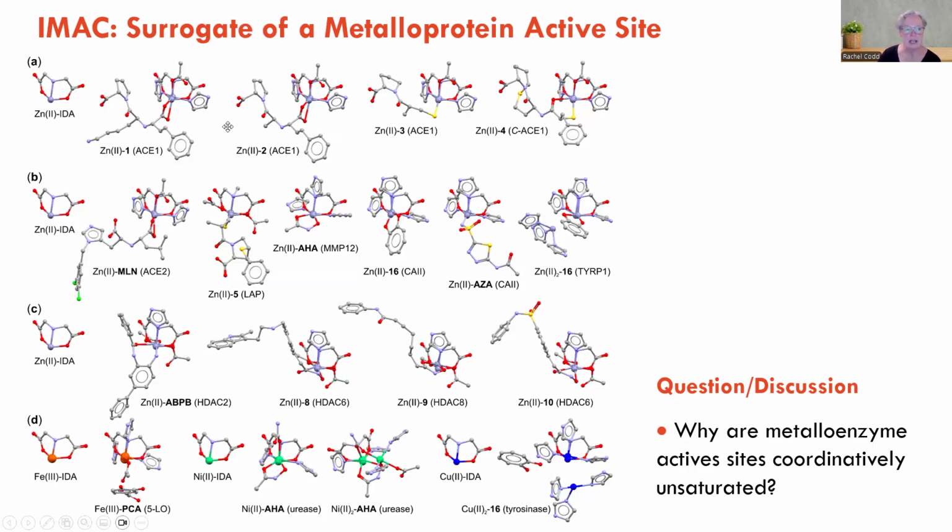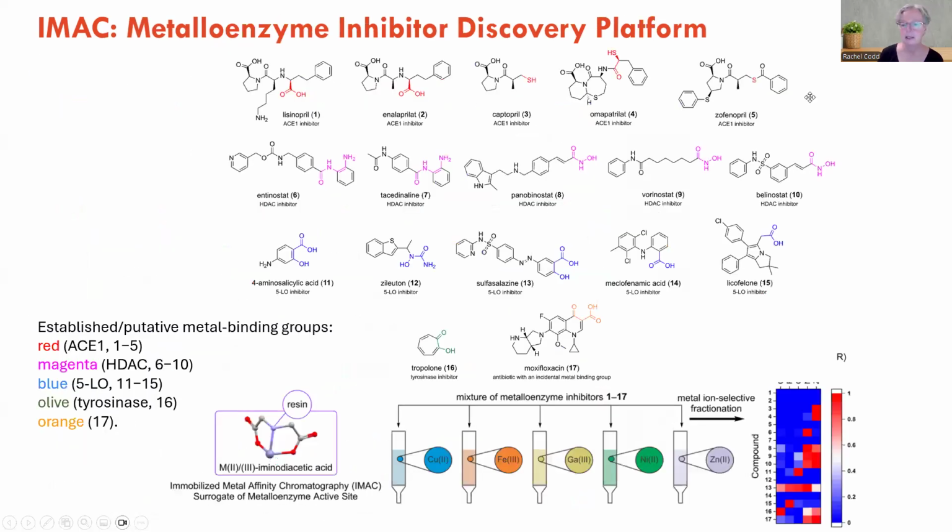And if that was the case, then we could potentially use IMAC as a surrogate of a metalloprotein active site and take mixtures of compounds, either known or unknown, and use an IMAC system to select for a given compound. And that particular compound that might be absorbed onto that resin could potentially be a new metalloprotein inhibitor. So I hope that's not too confusing. It might become clearer as we move through.